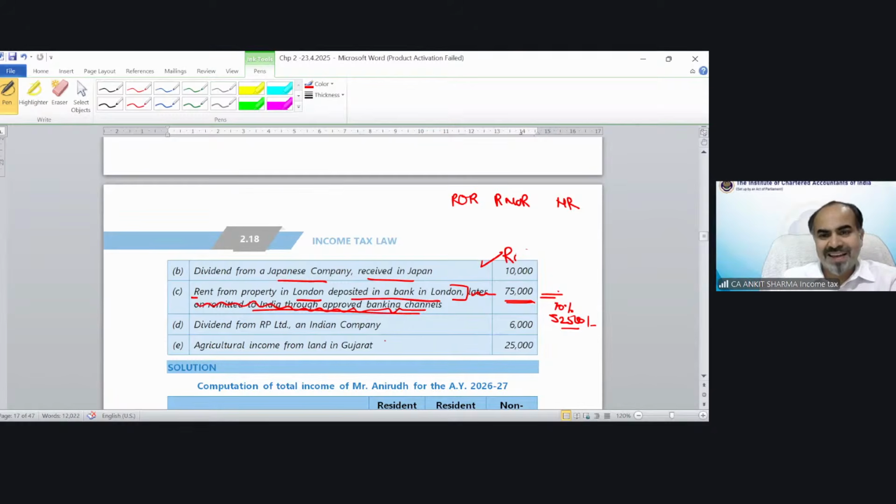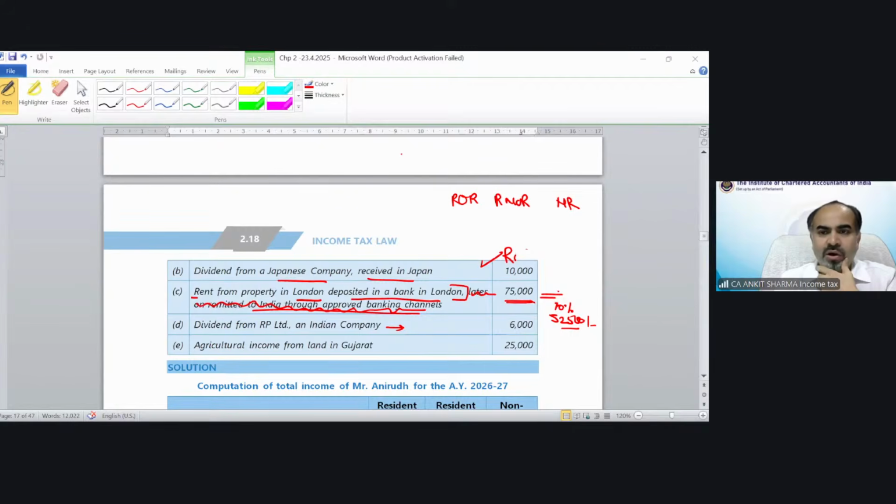Now the next case. Dividend from RP Limited, an Indian company. In which category should it be taxable, students? Vedant says if it was received in an Indian bank, then it is going to be taxed in all the categories.